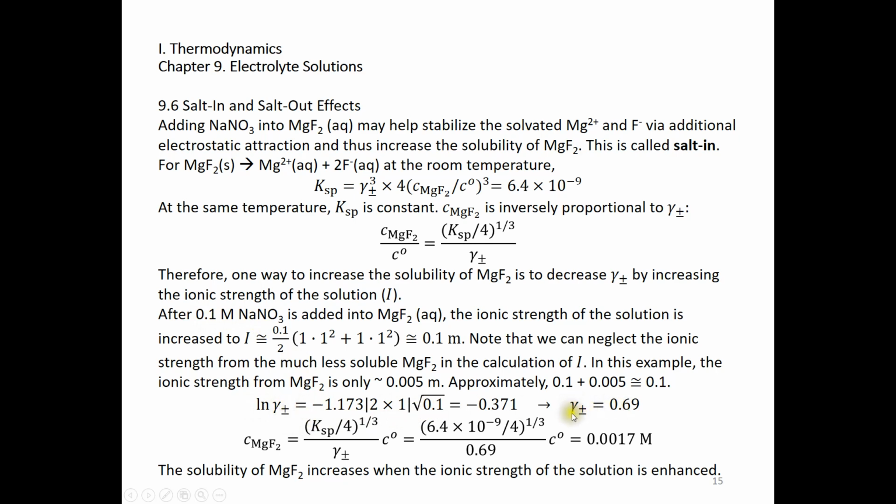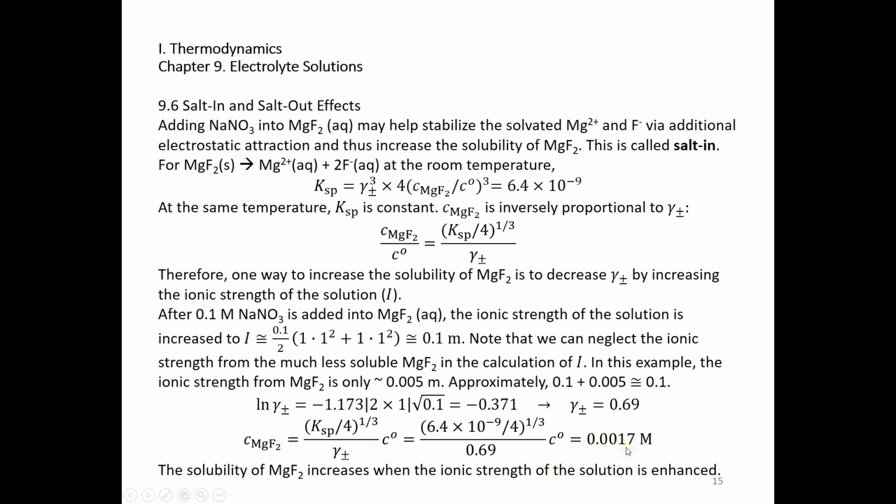We get gamma equals 0.69. Now we plug this value into this equation, which again comes from this equation, and then we can compute the concentration of magnesium fluoride, which is 0.0017 molar.